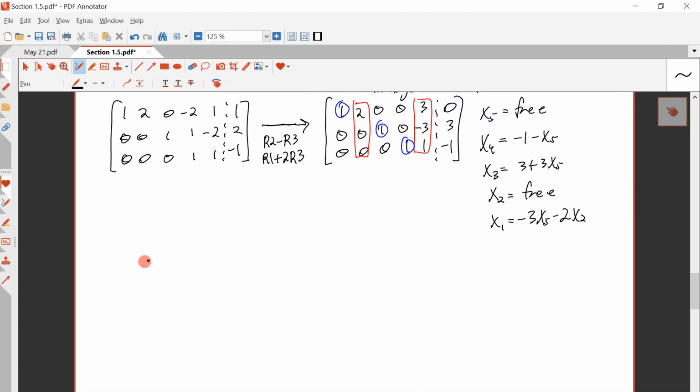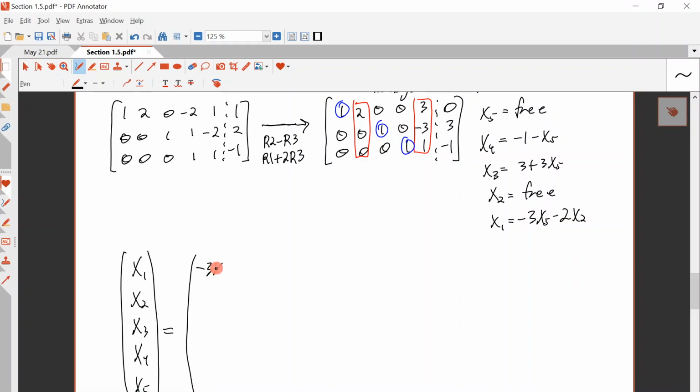So the solution set is x1, x2, x3, x4, x5 equal to minus 3x5 minus 2x2. And then x2 is free.